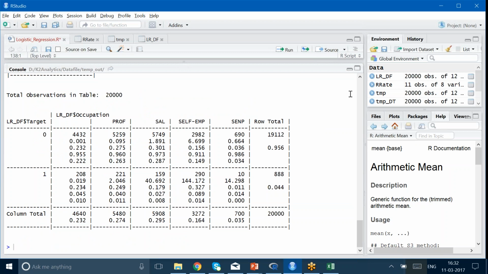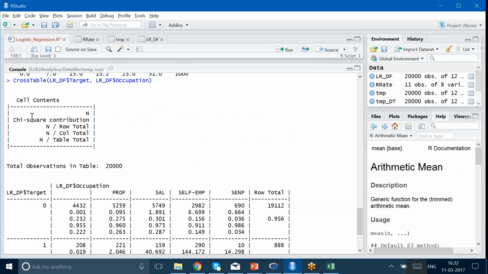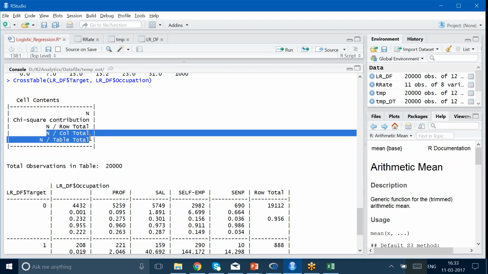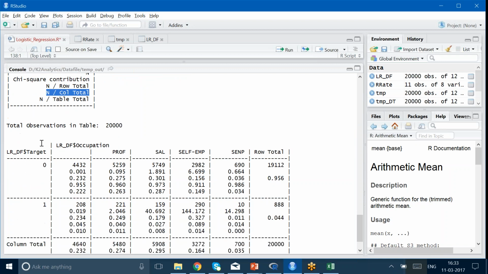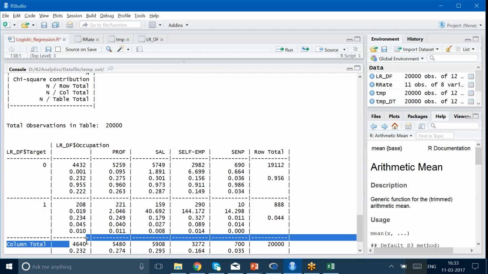Here, the first one is number of observations, and then row percentage and column percentage. Actually, I'm interested in column wise, so I'll focus on this number. For the occupation missing category, there are 4,432 zeros, 208 ones, overall 4,640 missing occupations.